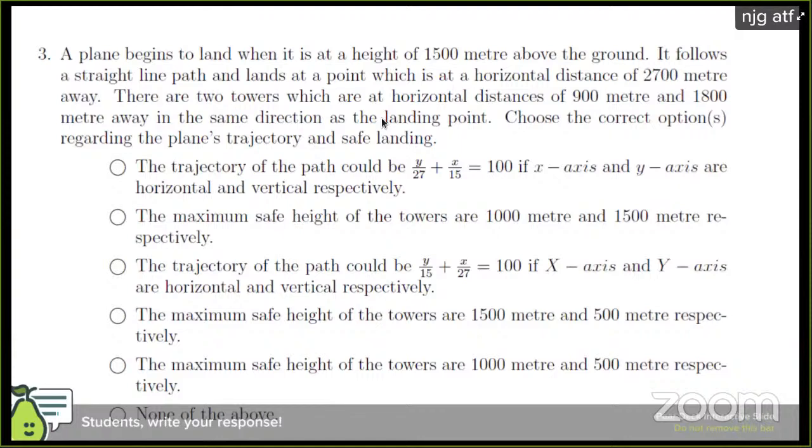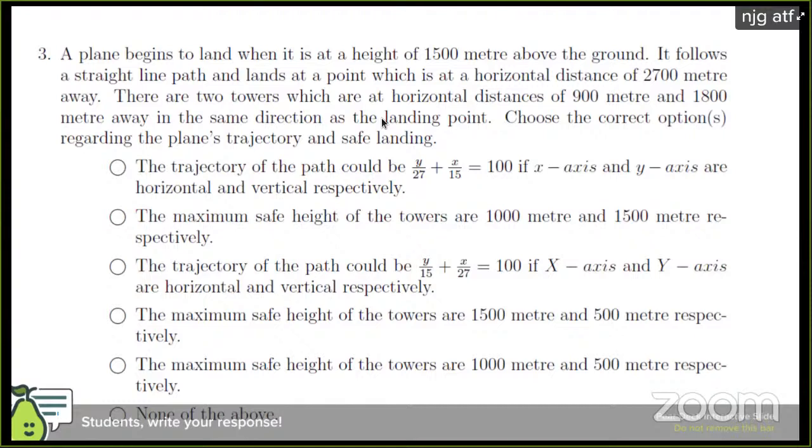So this is one more question where you can use this intercept form. There is a plane that begins to land when it is at a height of 1500 meters above the ground. It follows a straight line path and lands at a point which is at a horizontal distance of 2700 meters away.